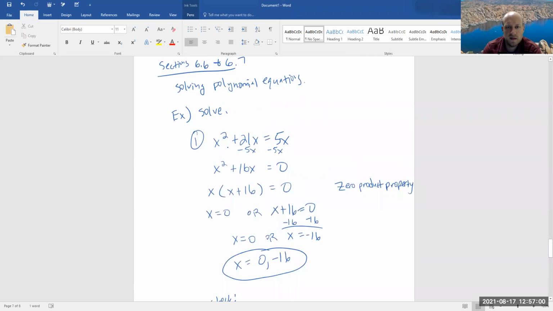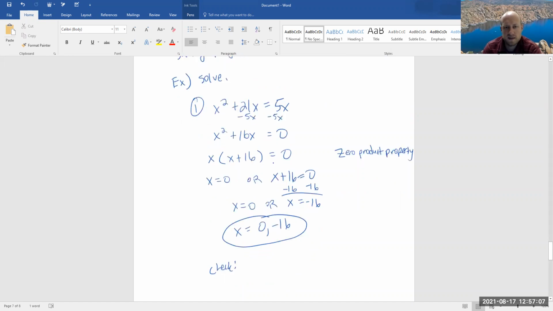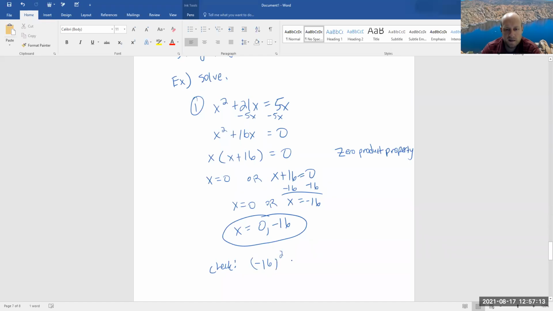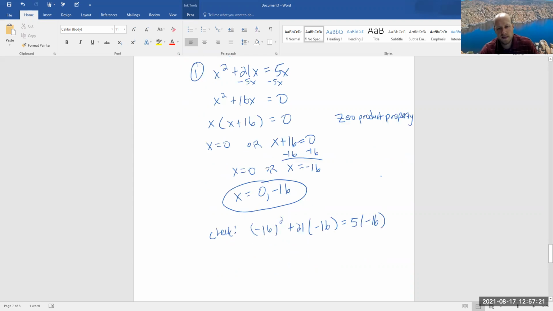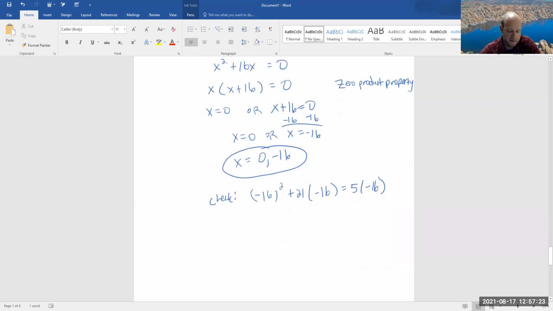If I do 0 into all this, well, it's just 0 plus 0 equals 0, right? Just plug in 0 for x. Or I could plug in negative 16. I'll need the calculator on this. But negative 16 squared, I think that is 256.